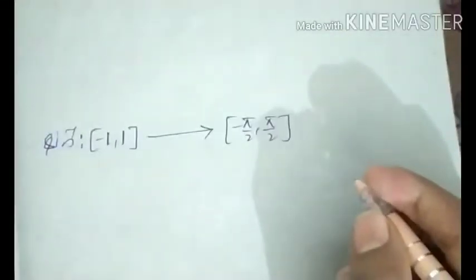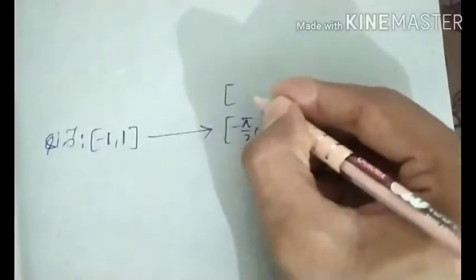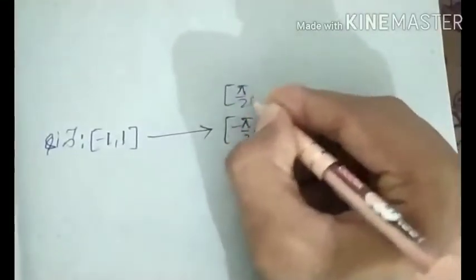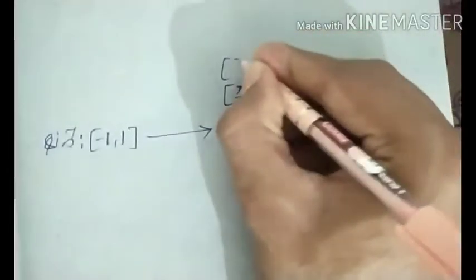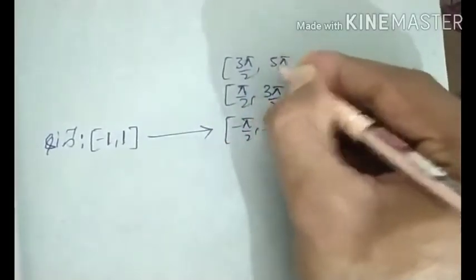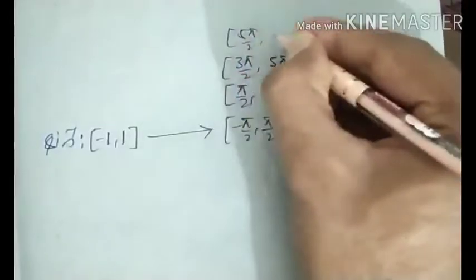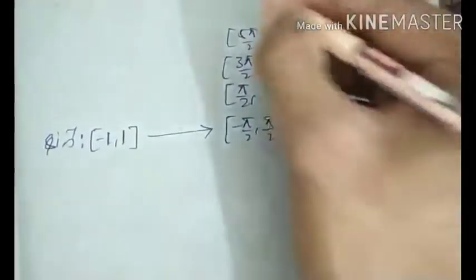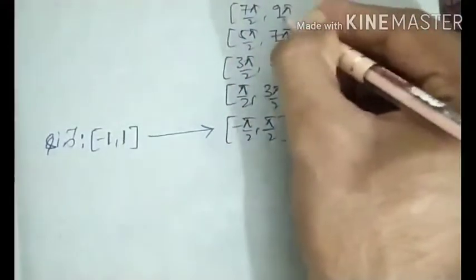This is the principal branch, and the other branches are pi by 2 to 3 pi by 2, 3 pi by 2 to 5 pi by 2, 5 pi by 2 to 7 pi by 2, and 7 pi by 2 to 9 pi by 2, and so on, infinite.